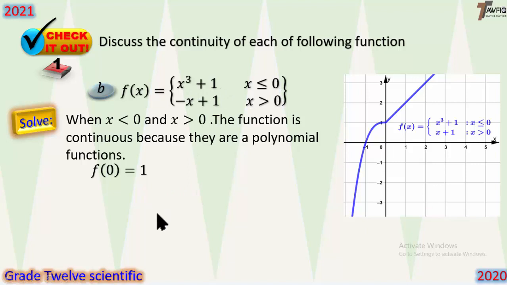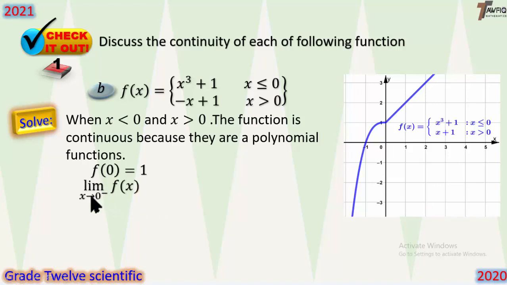And now we are trying to find the limit as x approaches 0. First of all, replace 0 here and replace 0 here. As we replace 0 here it is 1, and replace 0 here it is 1 too. That means the right limit and the left limit are equal.